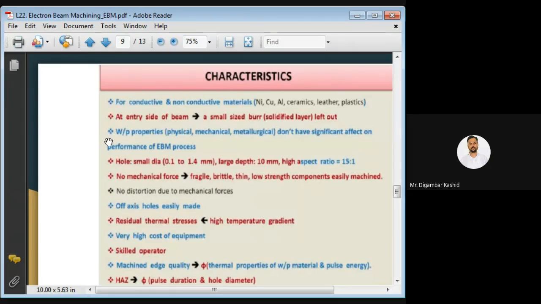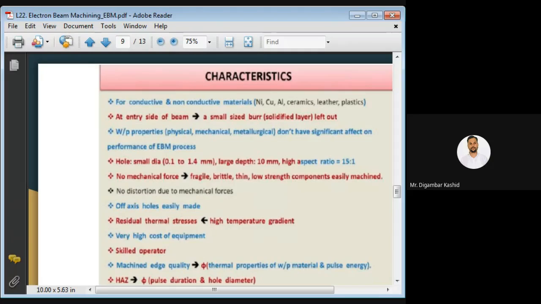And for your information, regarding process characteristics, at the entry side there is a burr formation due to the solidified recast layer. Then the hole diameter: as low as 0.1 to 1.5 mm, with a large depth of 10 mm, and a high aspect ratio of 15:1 can be generated on this workpiece surface.